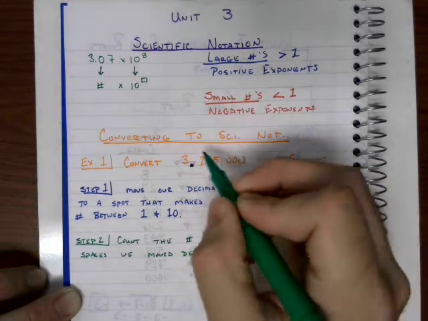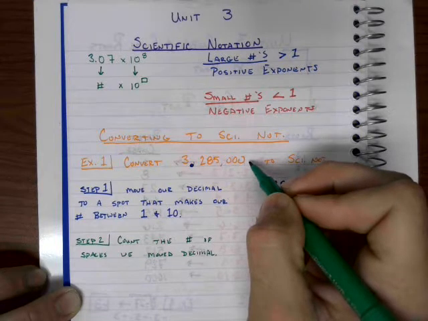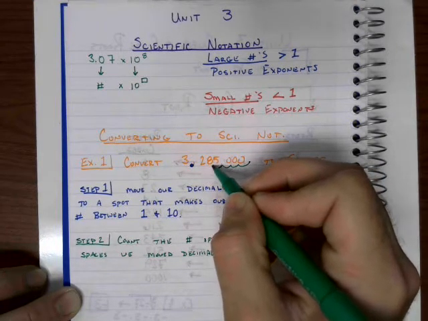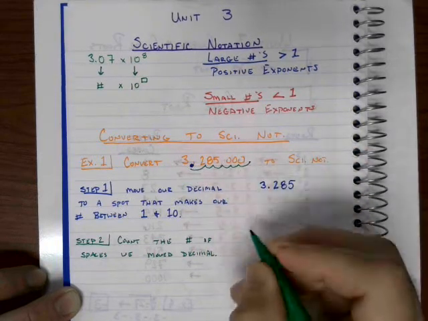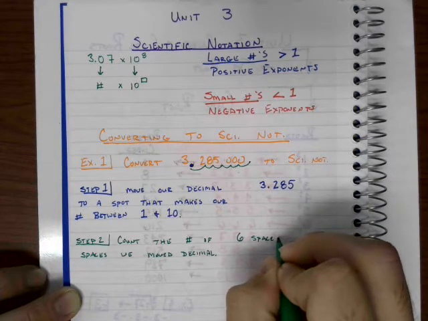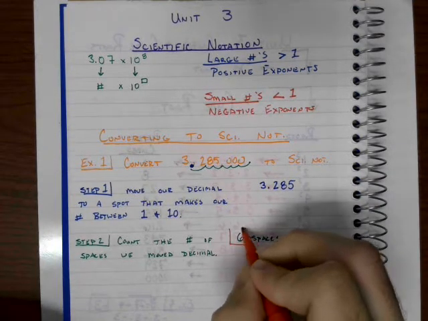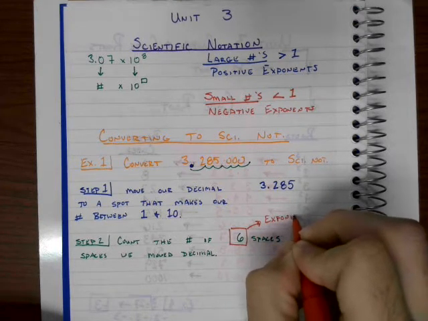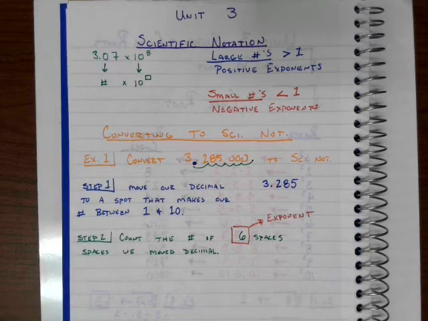If this number is larger than 1, your decimal is going to be at the very end. So our decimal started here, and we moved it 1, 2, 3, 4, 5, 6. We moved it 6 places. That's 6 spaces. This is our exponent. How many spaces you move it, that's your exponent.